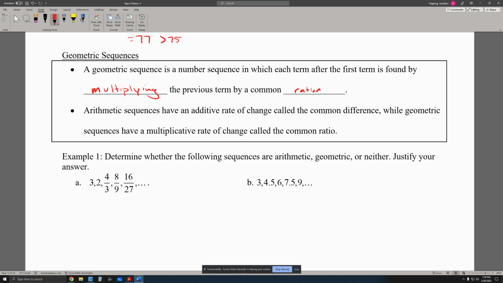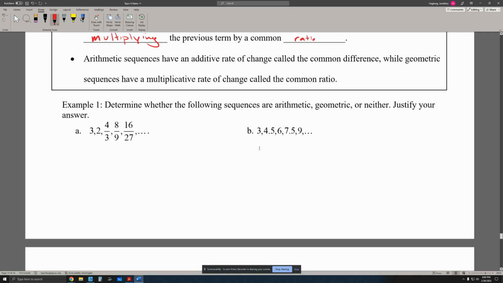So just like in an arithmetic sequence where we have a common difference, we're adding or subtracting a number from the previous term, we can multiply the previous term by a common ratio, and that's going to give us that geometric sequence. Arithmetic sequences have an additive rate of change called the common difference, whereas geometric sequences have a multiplicative rate of change called the common ratio.